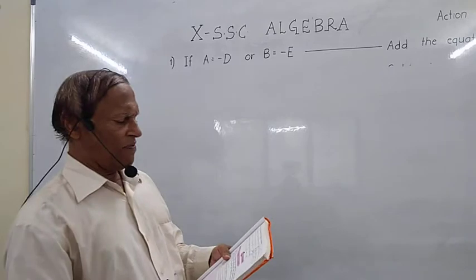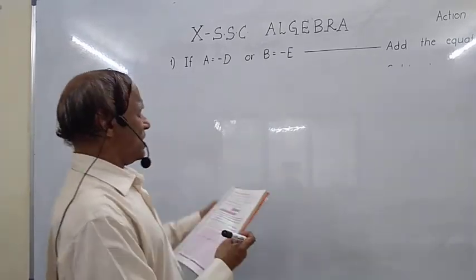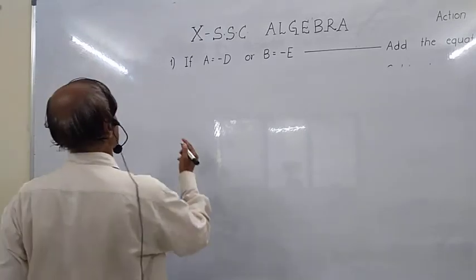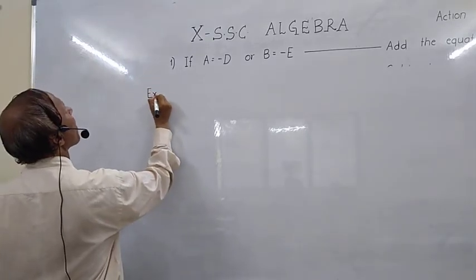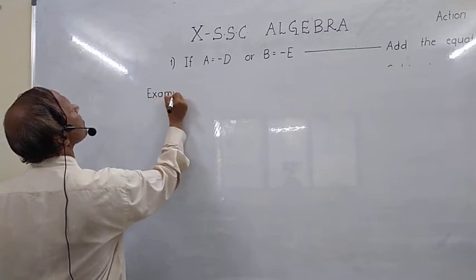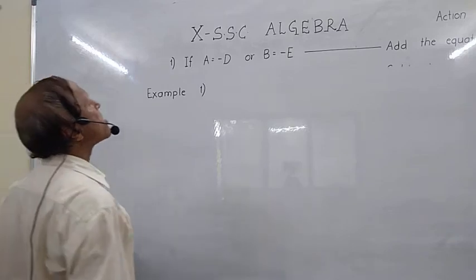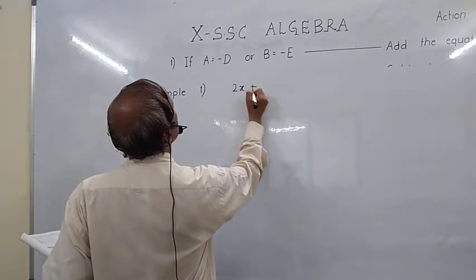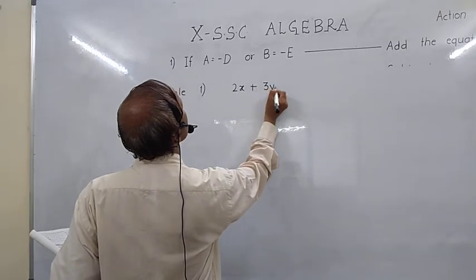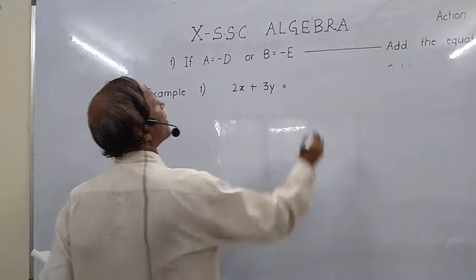Okay, we will have another equation set to demonstrate this. So we are introducing our own example. Example 1. 2x plus 3y is equal to 8.